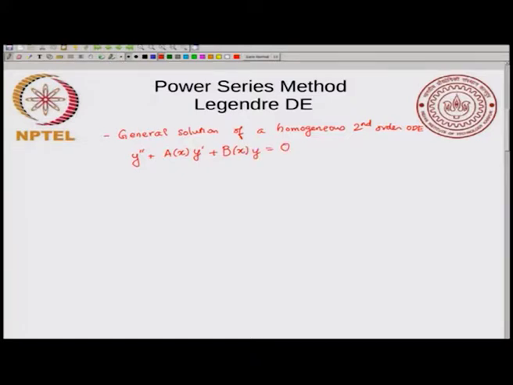The general solution has this form: y is equal to some arbitrary constant times y1, which is one of the solutions, plus some arbitrary constant times y2. This is the general form of the solution, and the power series method will show you how you can get this general solution of a homogeneous second order ODE.